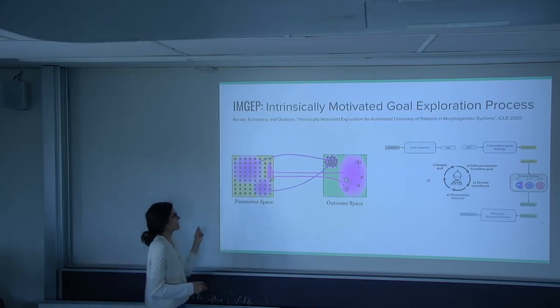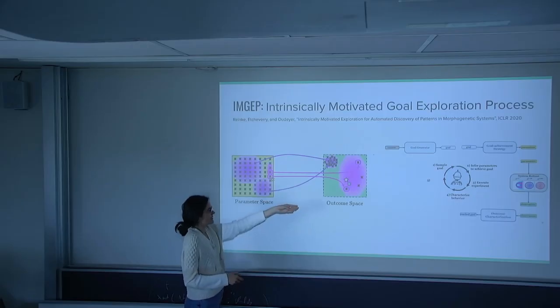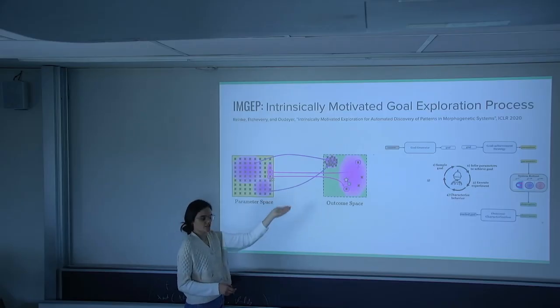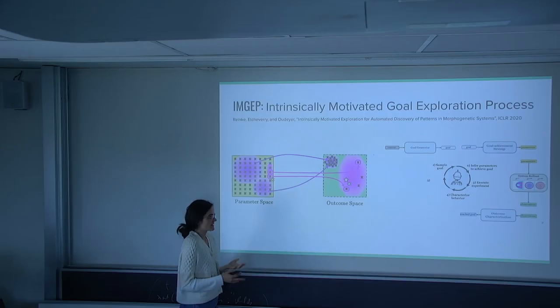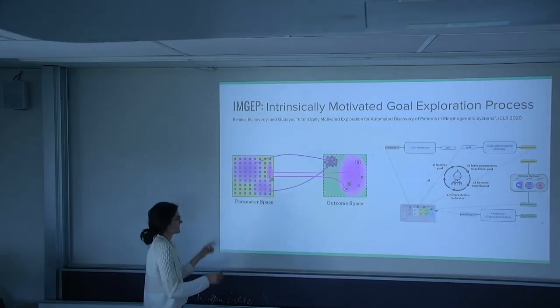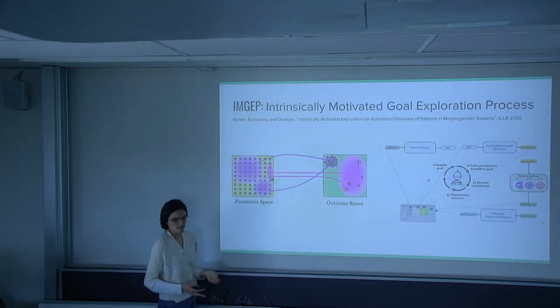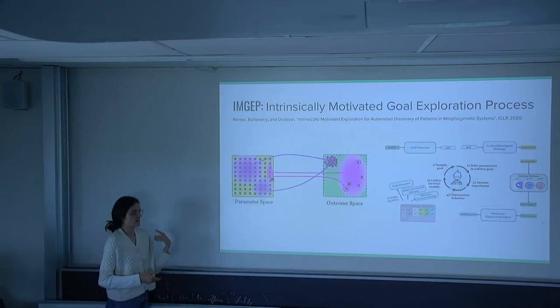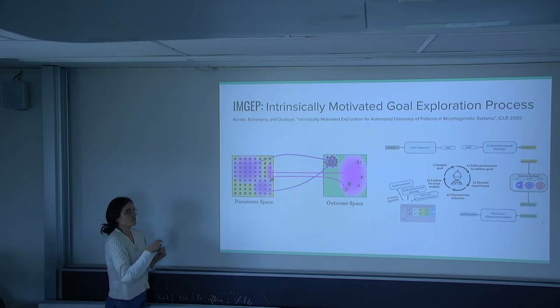This gives you a new behavior, and probably you're not going to achieve your original goal, but it's not such a problem. The important thing is that you have a new set of points, so new information, and so you can update your two models so that you're better able to sample goals and also to achieve your goals faster.